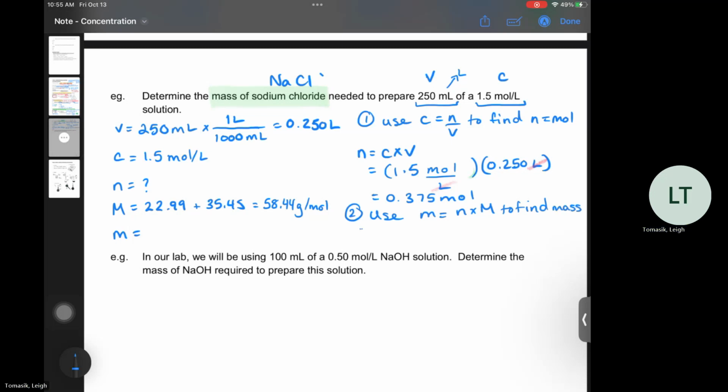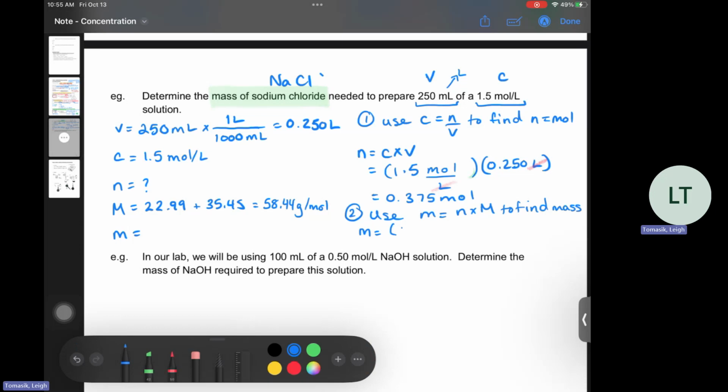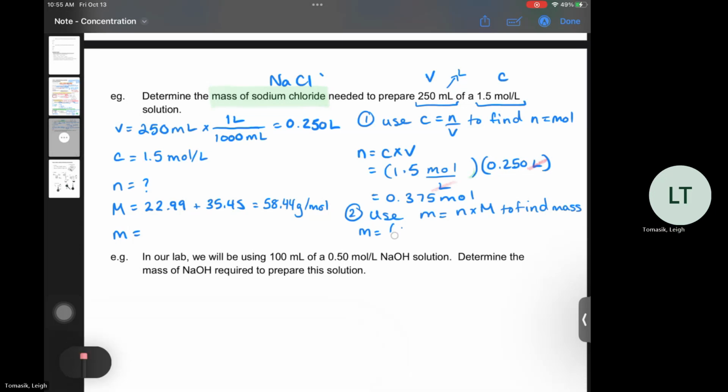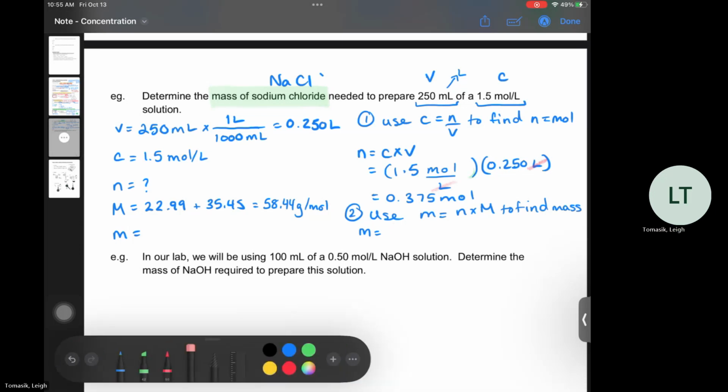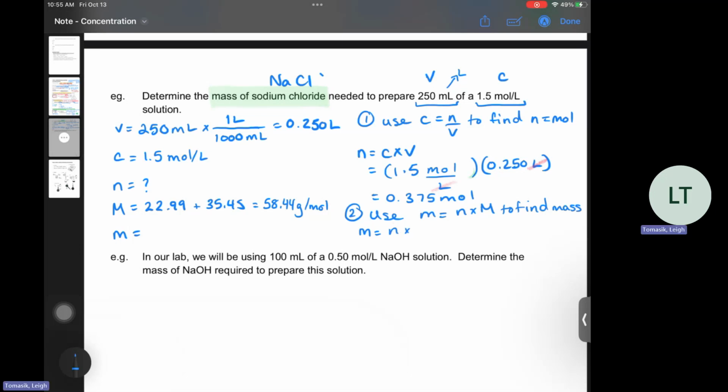So m equals n times M, right, equals, so our moles is 0.375.